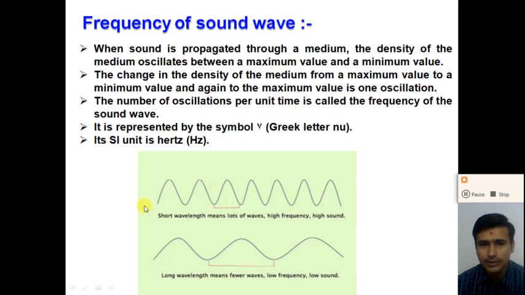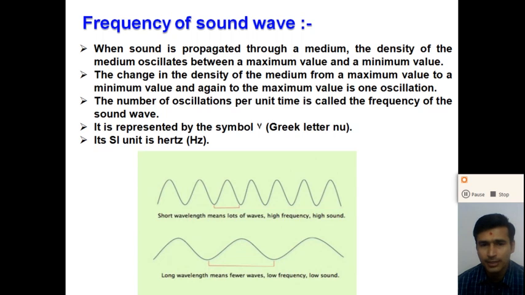So suppose we consider the maximum value of density here or the minimum value here. So what is one oscillation? From the minimum value to the maximum value and again from the maximum value to the minimum value. So what do you mean by one oscillation? The change in the density of the medium from the maximum value to the minimum value and again to the maximum value is called one oscillation.